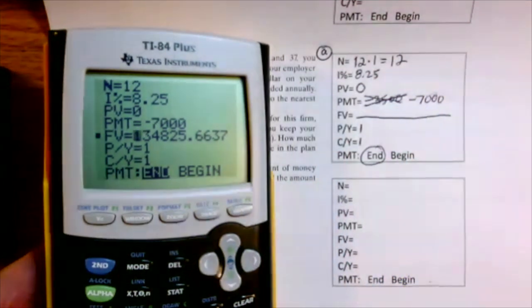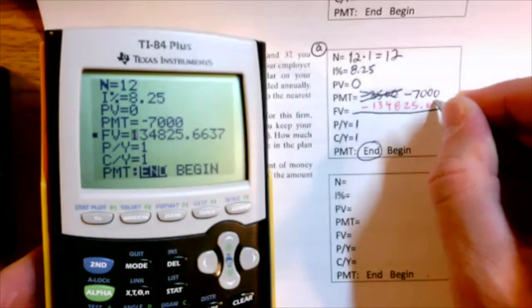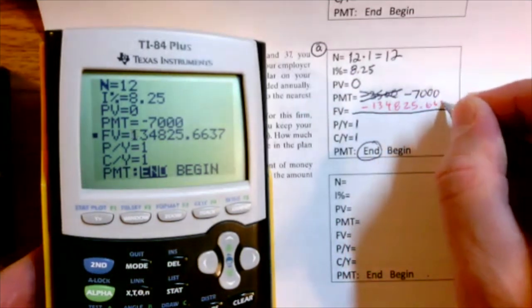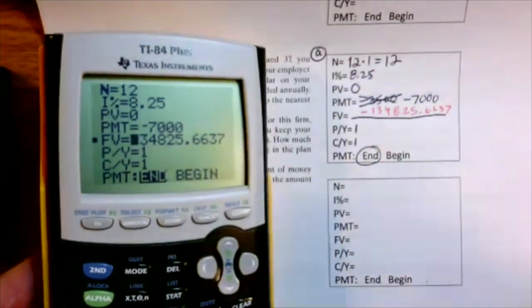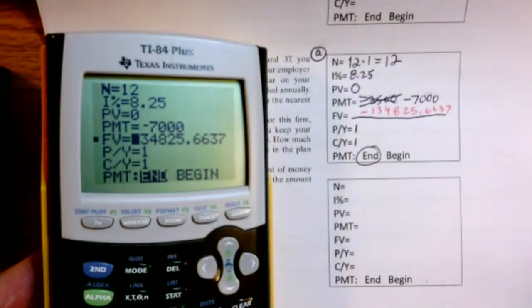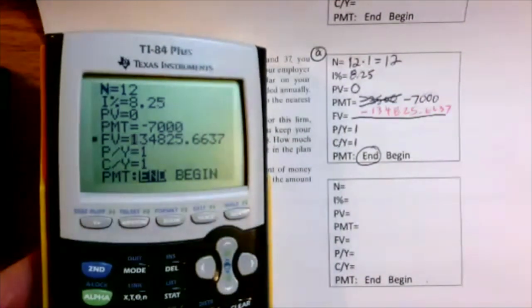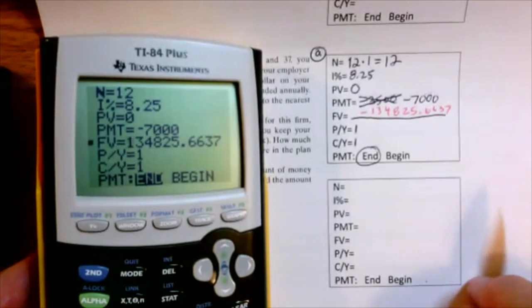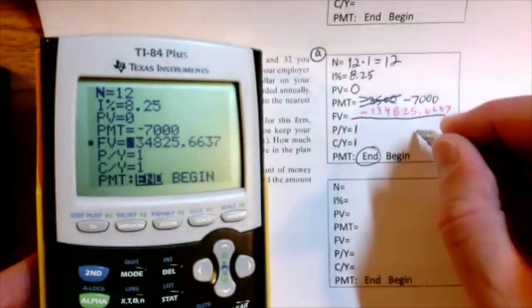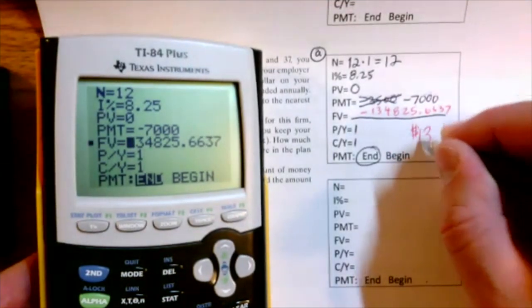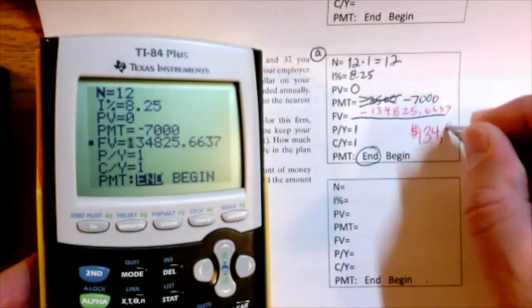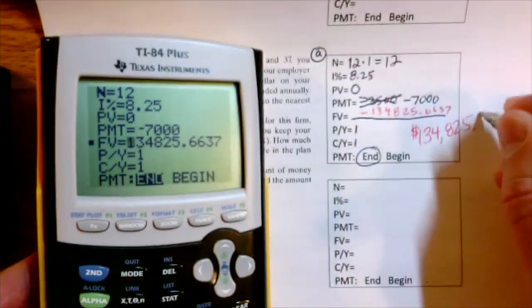And no, it didn't quite double, did it? Well, anyway. I was thinking of something else. I was thinking if you had all the money up front, 84,000 up front, it should have doubled, but no. Okay, very good. 134,825.66.